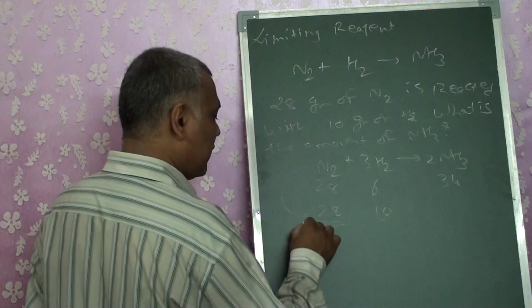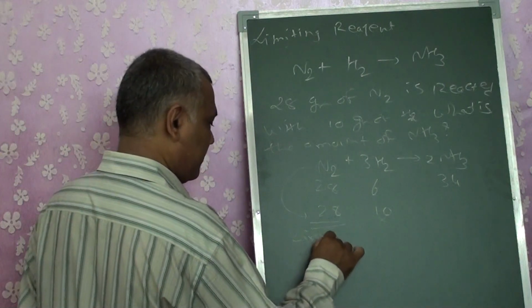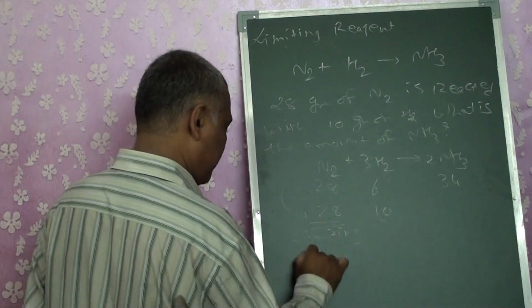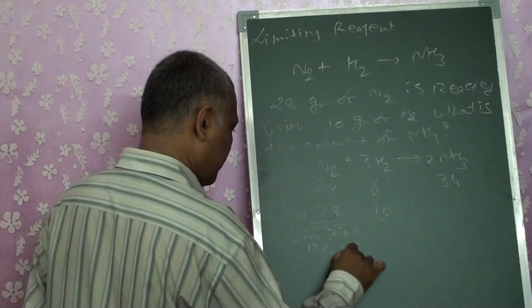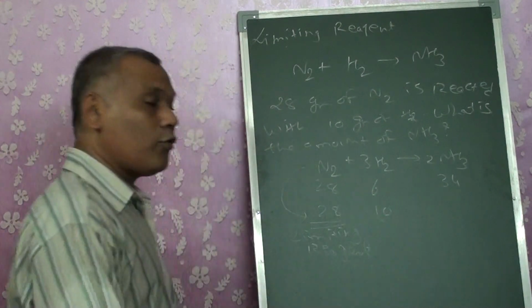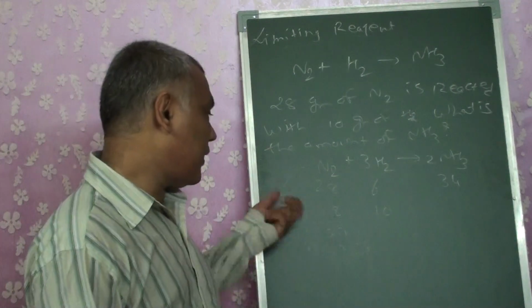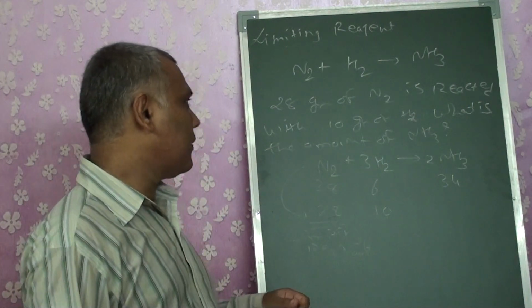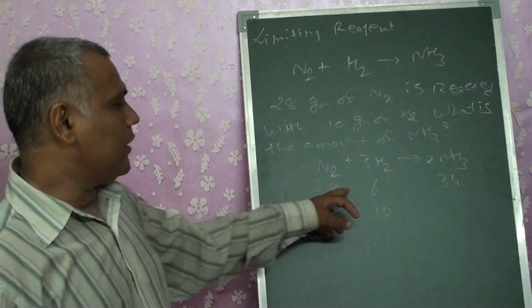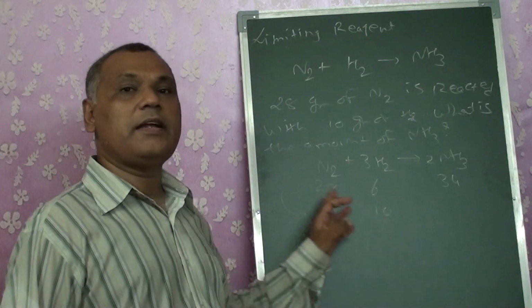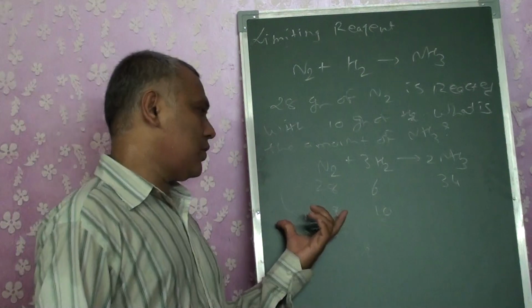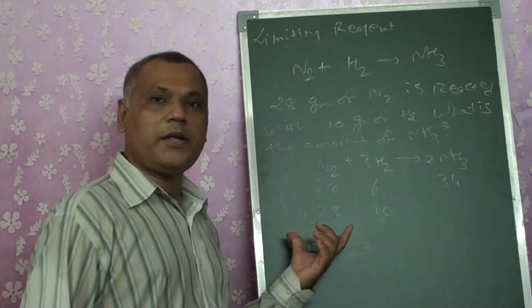So N2 becomes a limiting reagent. So the question has become much easier, right? 28 gram needs 6 and it's having 10. So enough quantity is there. So nitrogen becomes limiting reagent.